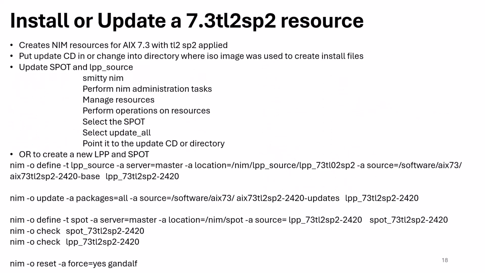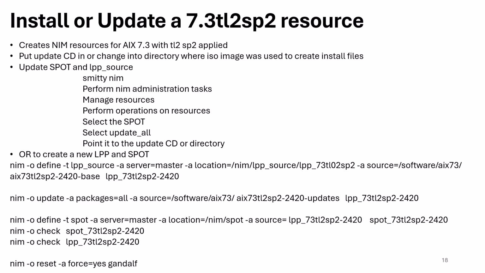This is an example of some of the steps to install or update a 73 TL2 SP2 resource. So first of all, my NIM server has to be at AIX 7.3.2.2, which it is. So we're going to put the update CD in or change to the directory where the ISO image was used to create and store files.